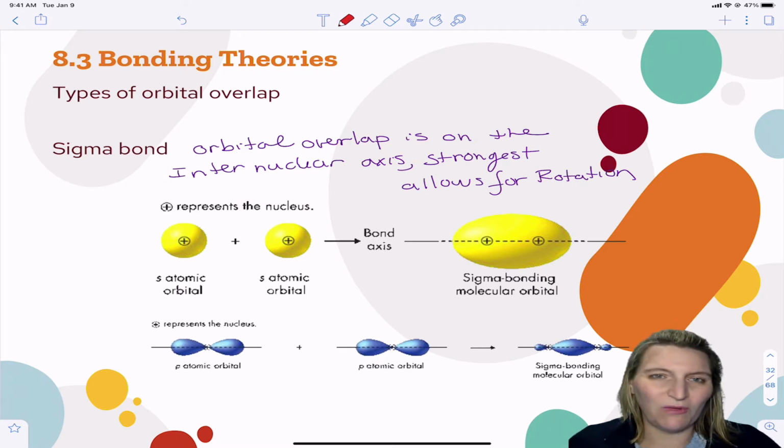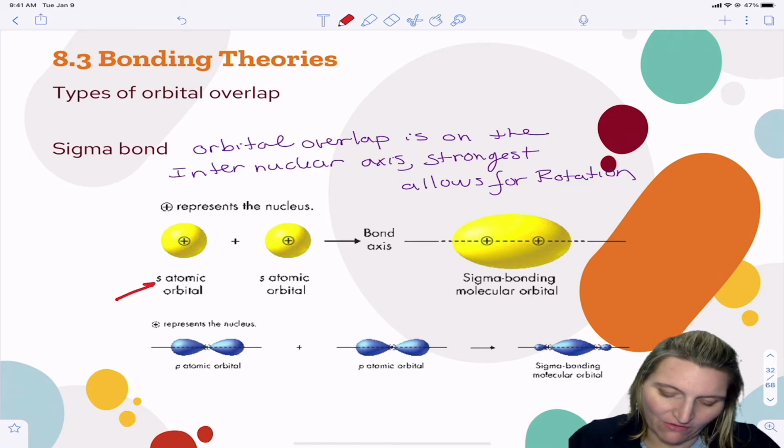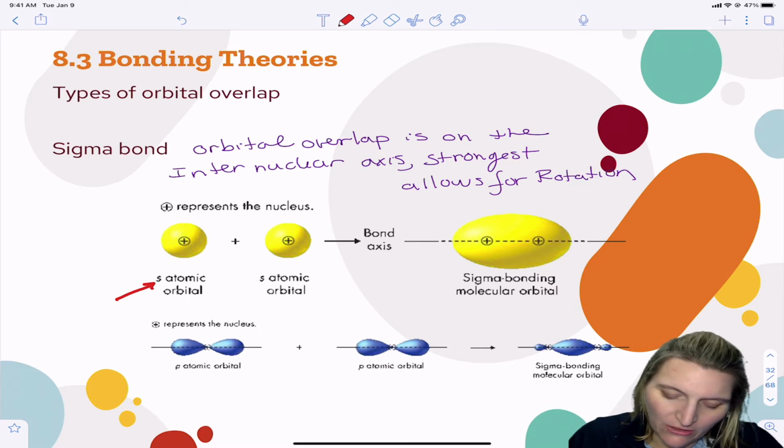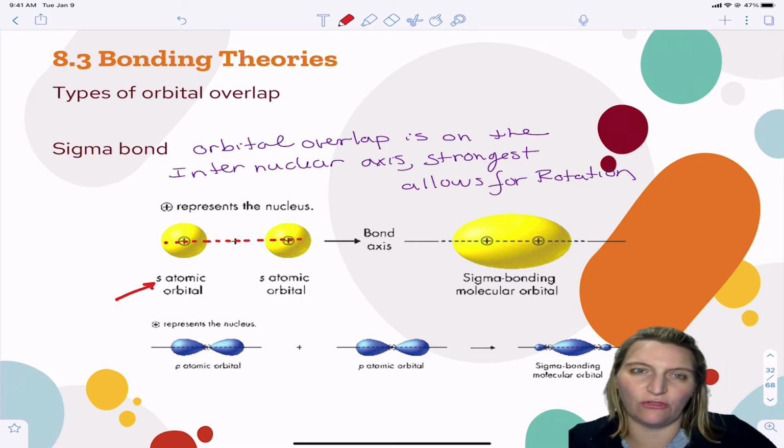So what do I mean by that sentence? The internuclear axis can be defined as the axis, the line, between the two nuclei. So if I have, these are just two atoms here, the internuclear axis is the line that connects the two nuclei.